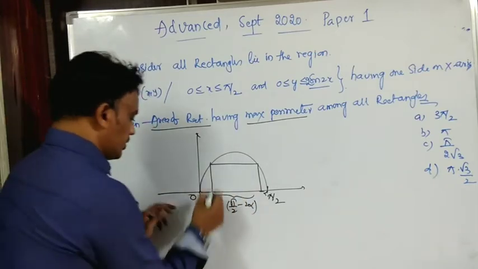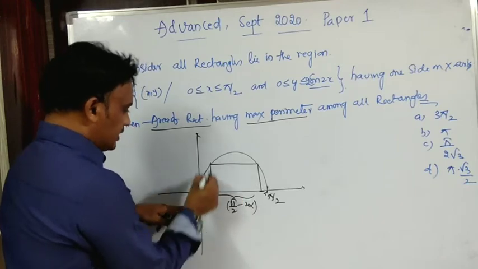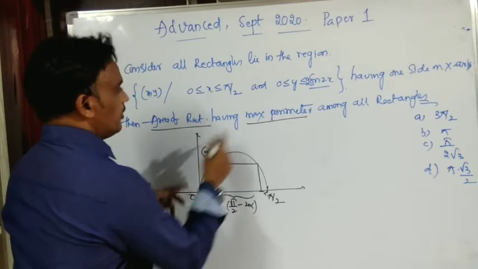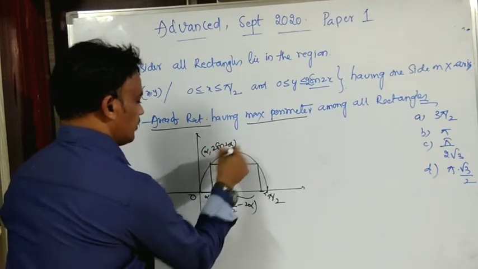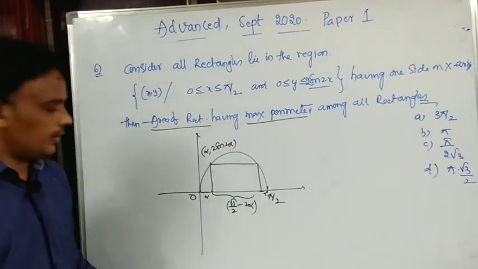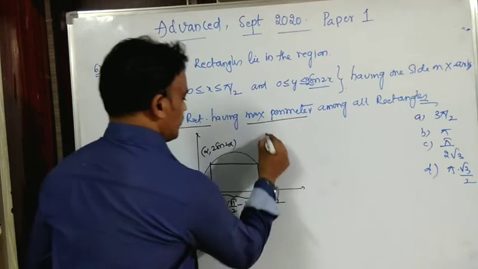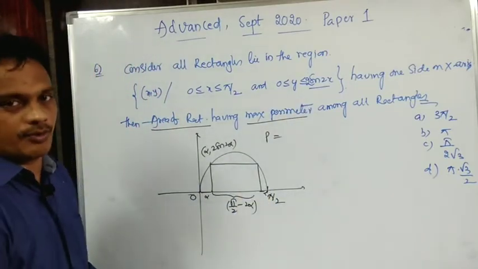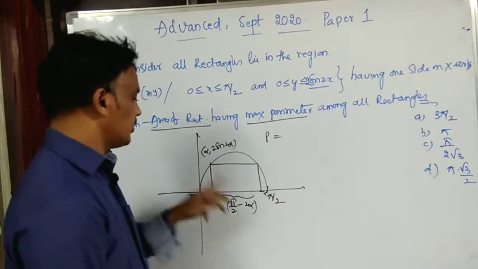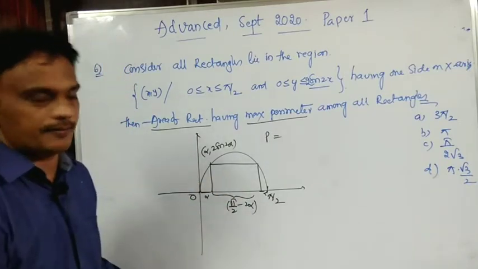What about this breadth? When x is alpha, what is the y value? It is 2 sin 2 alpha. Length is there, breadth is there, then what is the perimeter? First we find the perimeter, and we get the maximum perimeter. In that case, what is the length and what is the breadth, then we will get the area simply.